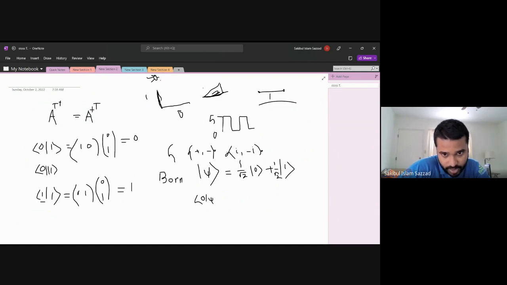Then I have to take the absolute value of this inner product. That's why I said there is no negative probability in quantum, because we make it absolute. Then I have to square it. So it is the inner product between 0 and the state psi.